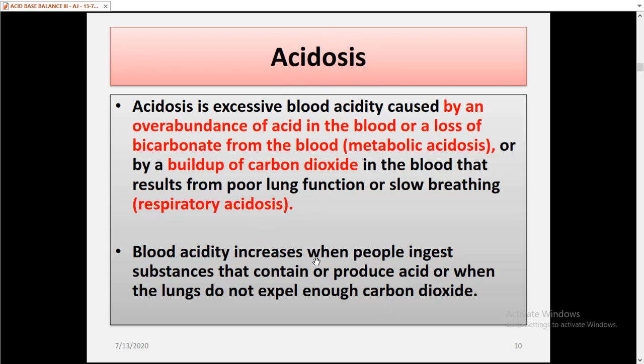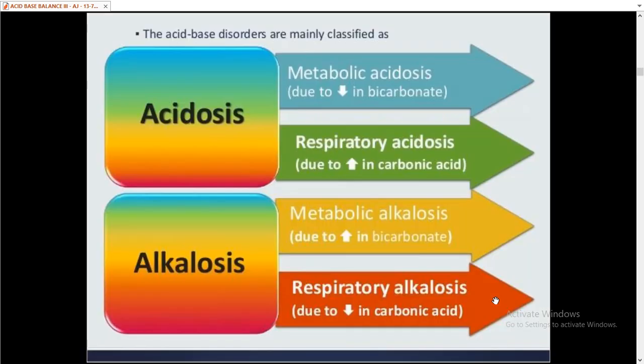Blood acidity also increases in persons who ingest or consume acid forming foods, or when the lungs are unable to expel enough carbon dioxide. So, acidosis is of two types, and alkalosis is also of two types.